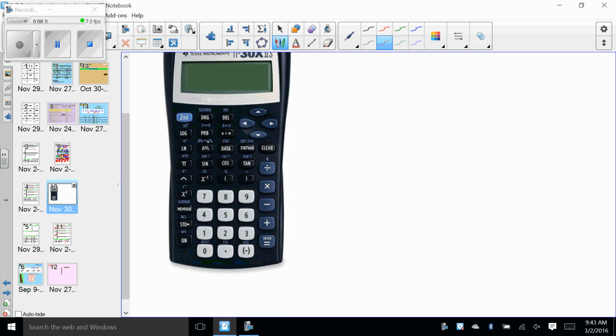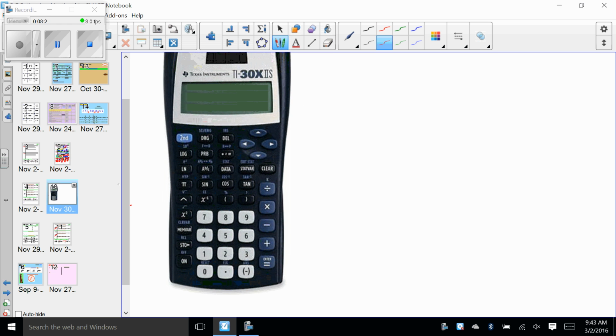So a couple things on your calculator. If you're using the TI-30 right now, or if you have access to one, the button that you're going to need for square root is the second button, because the square root symbol is actually right here. To get to the square root symbol, you hit second, and then click on this button. Go ahead and practice that sequence.